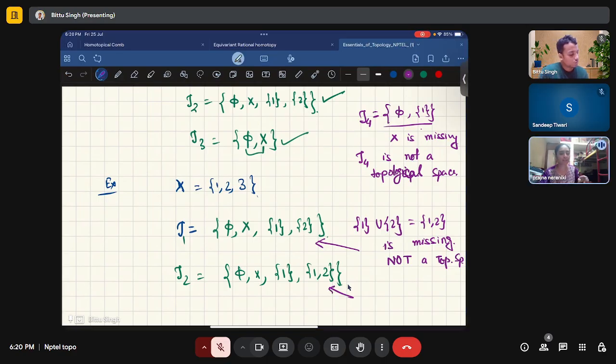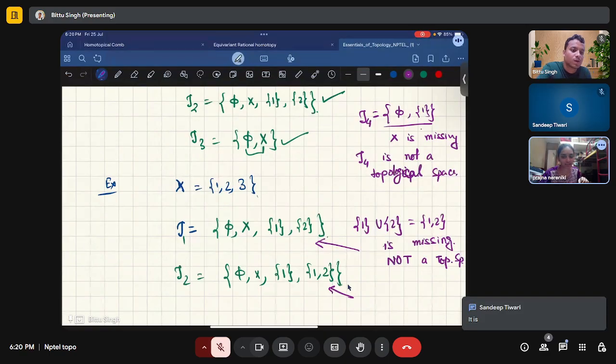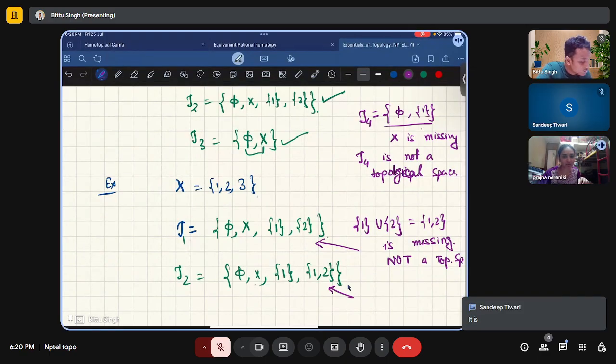Now what about tau 2? If we take the intersection of {1} and X, this will be {1}.